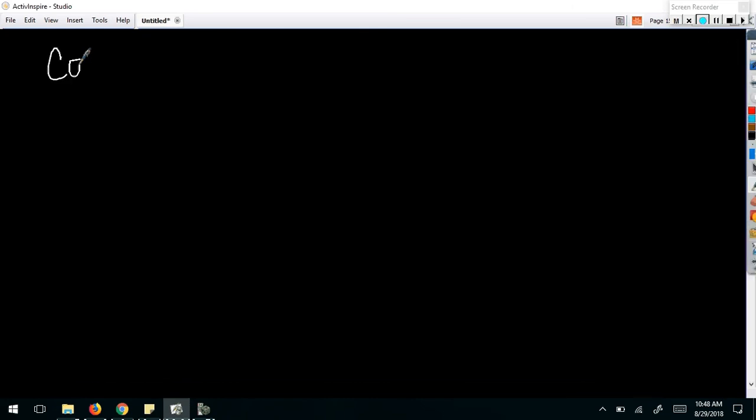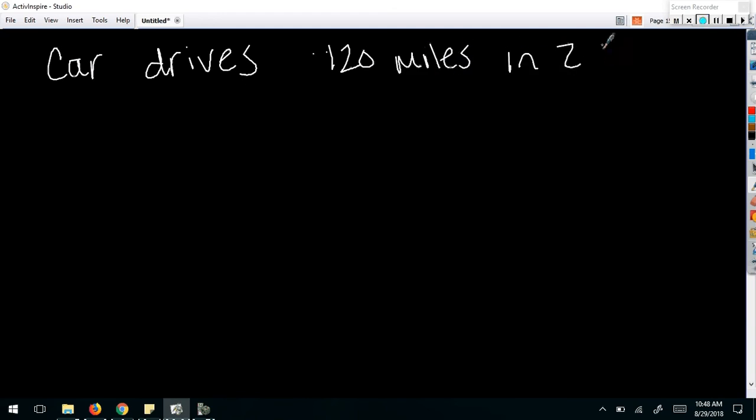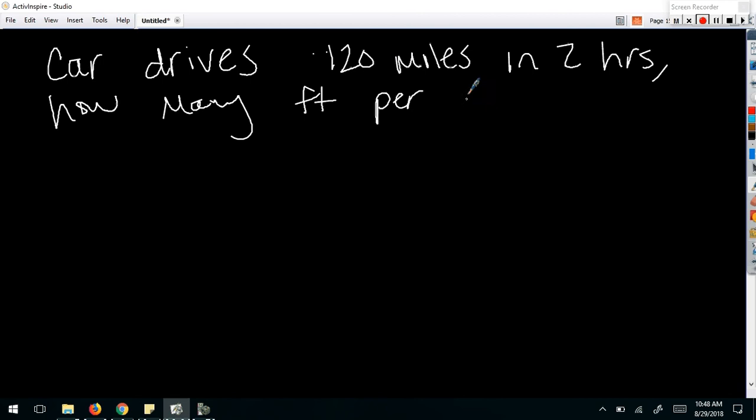If a car drives, and I'm going to use this example they have so it comes out nice, 120 miles in 2 hours, how many feet per second was it going? Per means divide, by the way. I'm sorry, I didn't look far enough ahead and realize we were doing a conversion today.